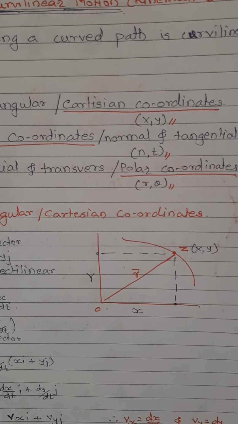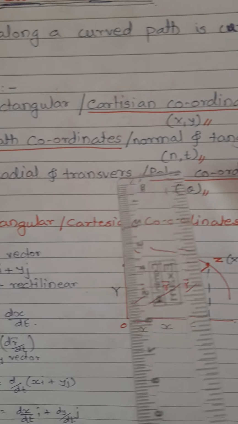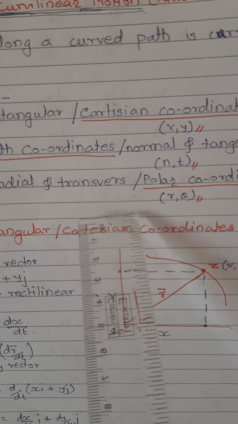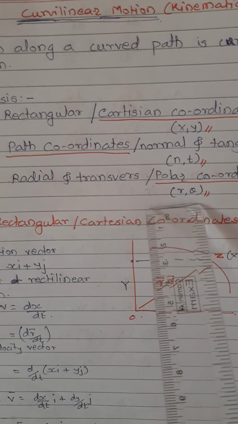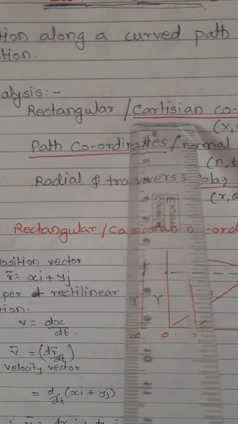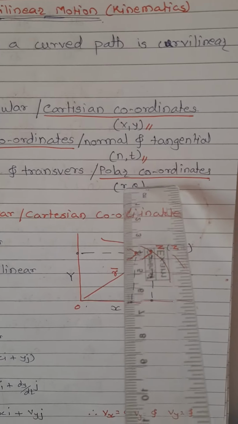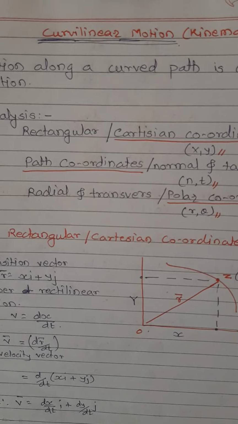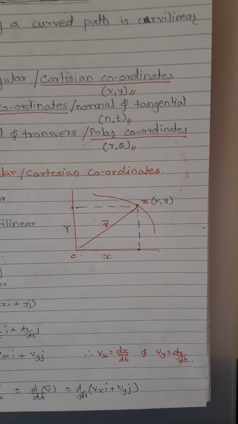And the third system is the radial and transverse coordinate system, or it is also called the polar coordinate system, that is r is the radial direction and theta is the transverse direction. So these are the three systems: first Cartesian system, second path coordinate system, and third polar coordinate system, in which we will be thinking of analyzing this particular motion, that is curvilinear motion.